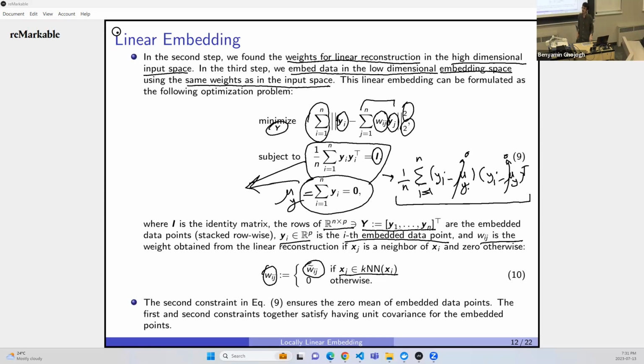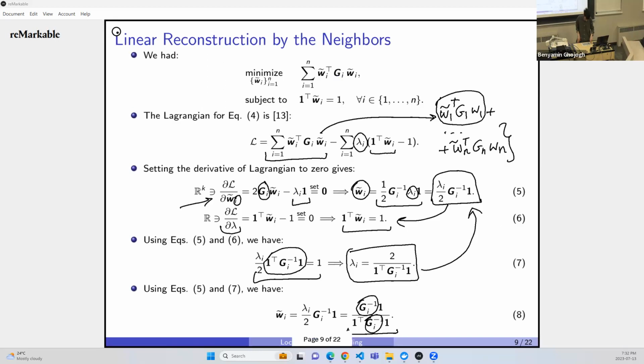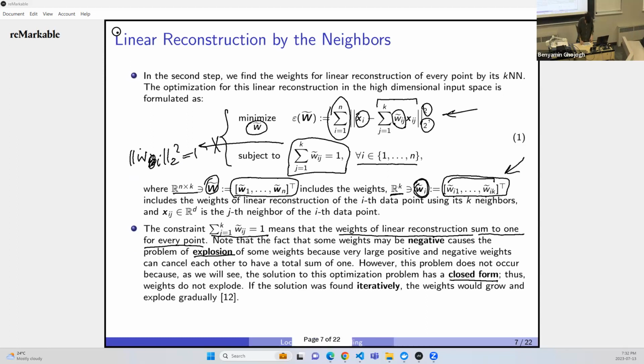Do you remember, in the second step, when I put W_ij tildes next to each other in a vector, it became a k-dimensional vector? This W_i tilde had W_ij tildes as a vector. It is k-dimensional. So I only put the W's of the k-nearest neighbors, right?